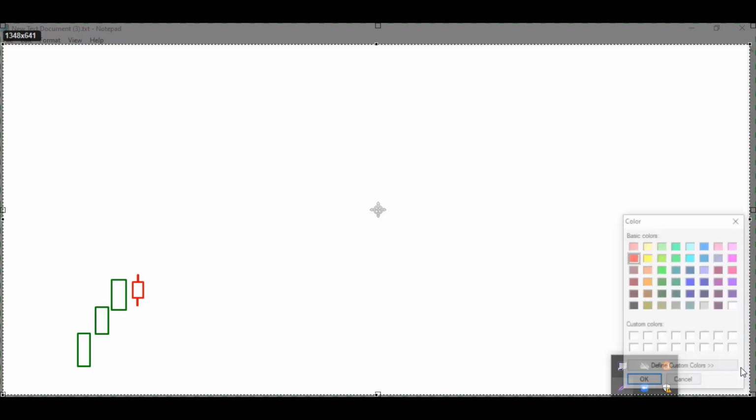So if we find this type of pattern in a strong uptrend, it's 99% sure that the next candle will go up.